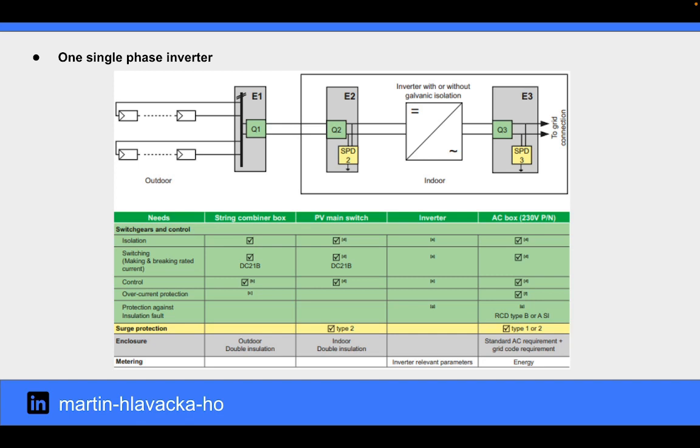A PV main switch is necessary. When the inverter is indoors, an additional remote controlled switch at the DC cable entry point is recommended for emergency services.